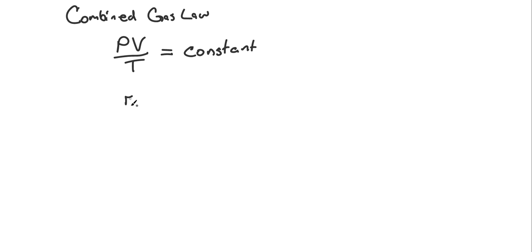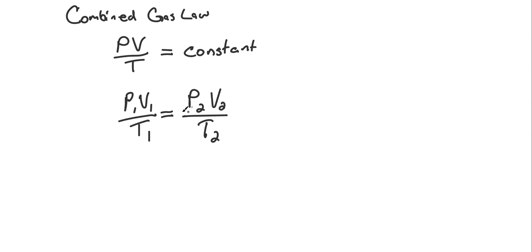This again can be rewritten like the other ones: P1 V1 over T1 equals P2 V2 over T2. So if you have your starting pressure, volume, and temperature, and you vary one of them, you can figure out the other two.